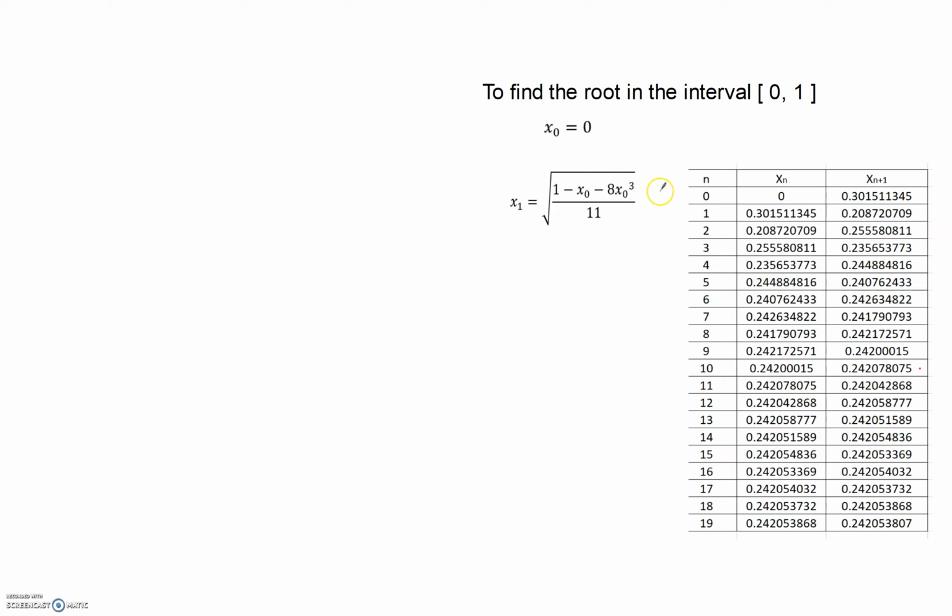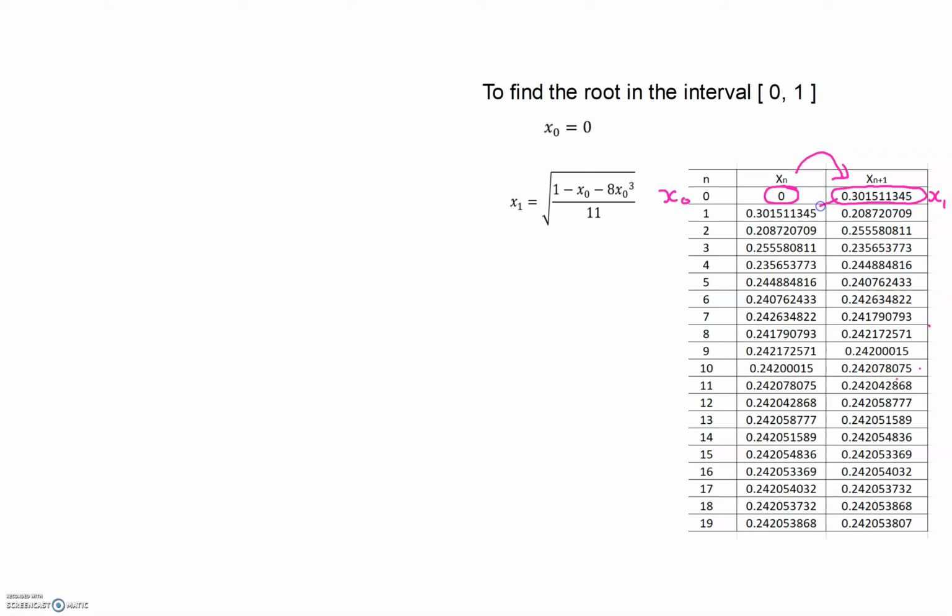And so the table on the right-hand side is an Excel spreadsheet. The first value of x is x0, and that's our 0 here. And we are going to then substitute that into our iterative formula, and that will then generate xn plus 1, which is x1.